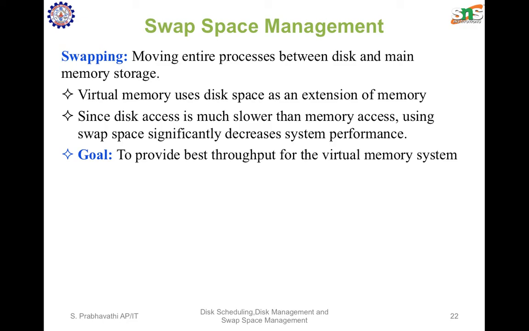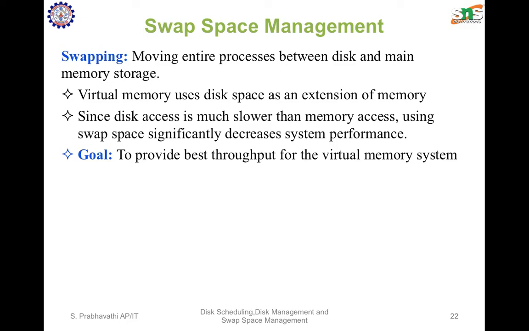Why does the concept of swapping come in? Because when we execute a process, it should be completely in the main memory. But what happens if the process size is bigger than the main memory? The main memory cannot afford that process. So there comes the concept called virtual memory.